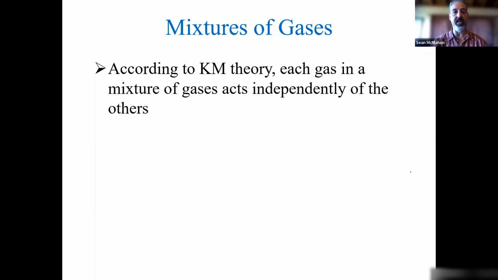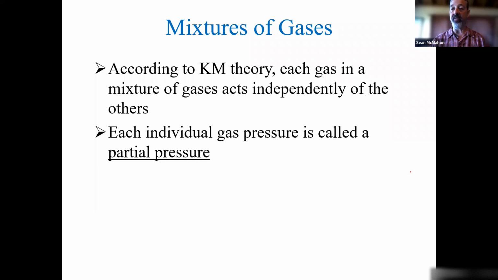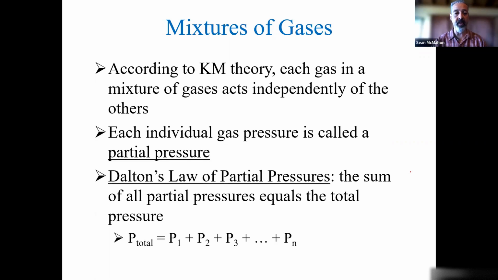And according to kinetic molecular theory, because the gases are not really interacting, when they bounce off each other they don't stick, they behave independently, they're elastic collisions. What we're going to notice is each individual gas exerts its own pressure, which is a type of partial pressure, right? So the sum of the parts equals the total.